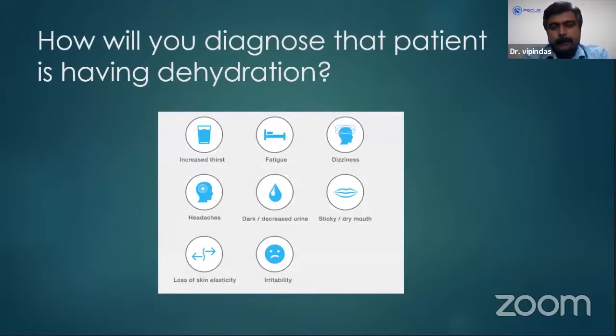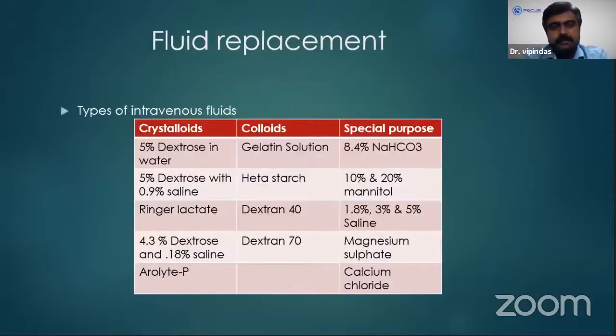Once a patient comes with dehydration, how will you manage? That is the fluid replacement therapy. What are the different types of intravenous fluids? One is crystalloid, the other is colloids, and there are some intravenous fluids used for special purposes. Examples of crystalloids are dextrose and ringer lactate.